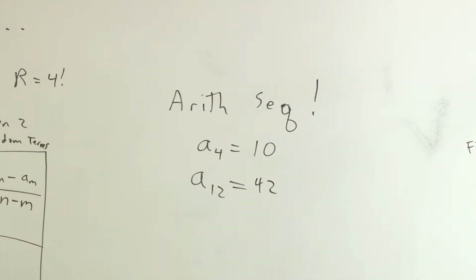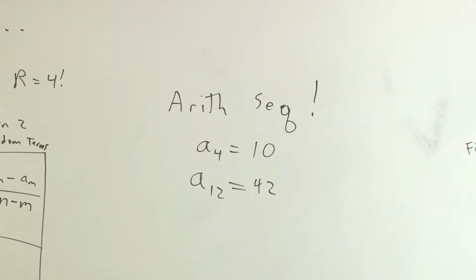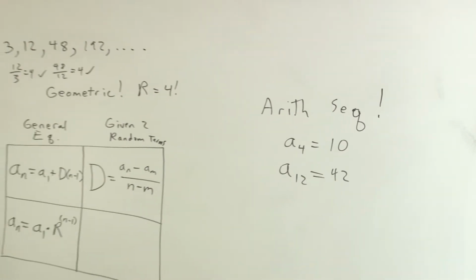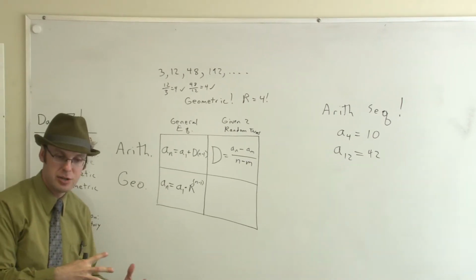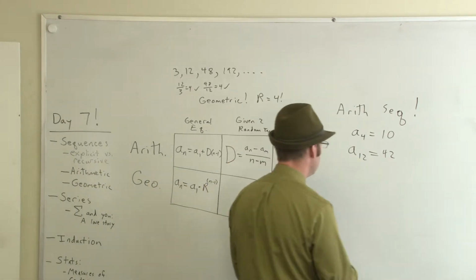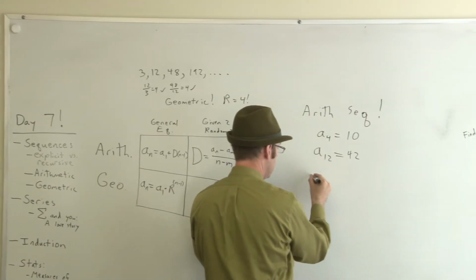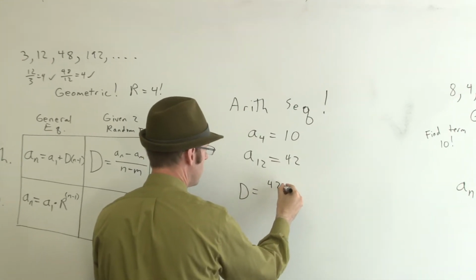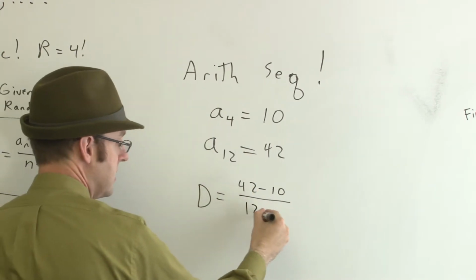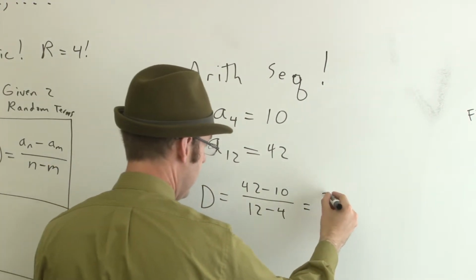Great. And I want to know what the common difference is so that I can write a general equation or I can find another term or something like that. I just subtract the values divided by, subtract the indices. Yeah. Indices.